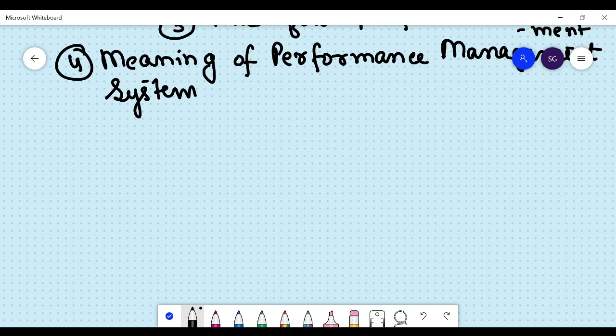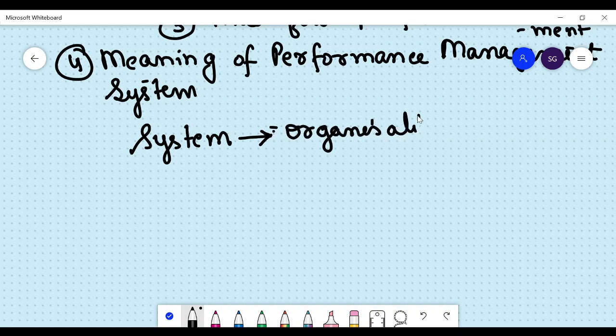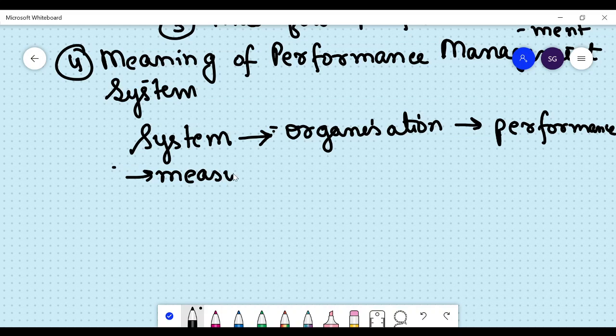Performance management system is a system in an organization by which the performance of that organization is measured, controlled, and improved.